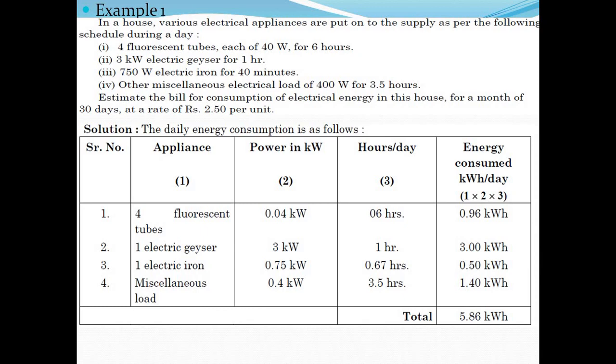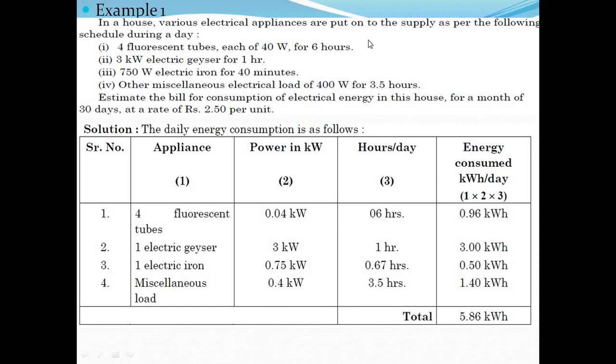In short, you have to find out the electricity bill for 1 month. Okay, so what are the steps? The first step is to find out how many loads, that means the quantities of appliances. Then you convert the power of those appliances into kilowatt.